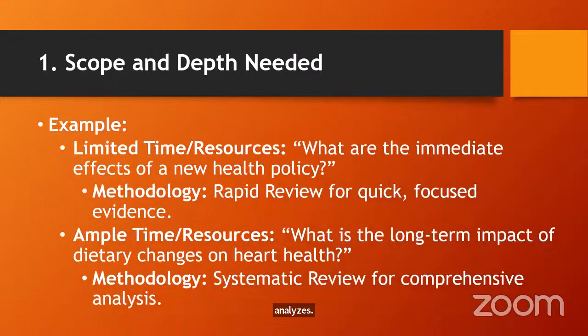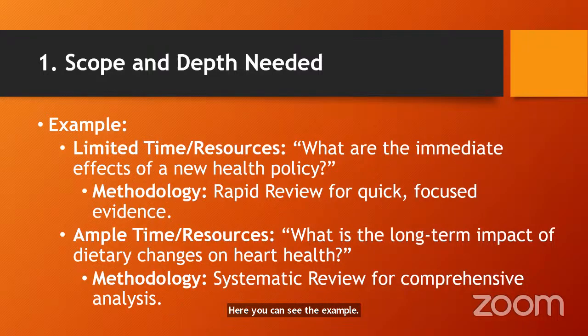So here are the examples. If you have limited time and limited resources, you can use a rapid review for quick, focused evidence. And if you have lots of time and resources, you can use a systematic review for comprehensive analysis.